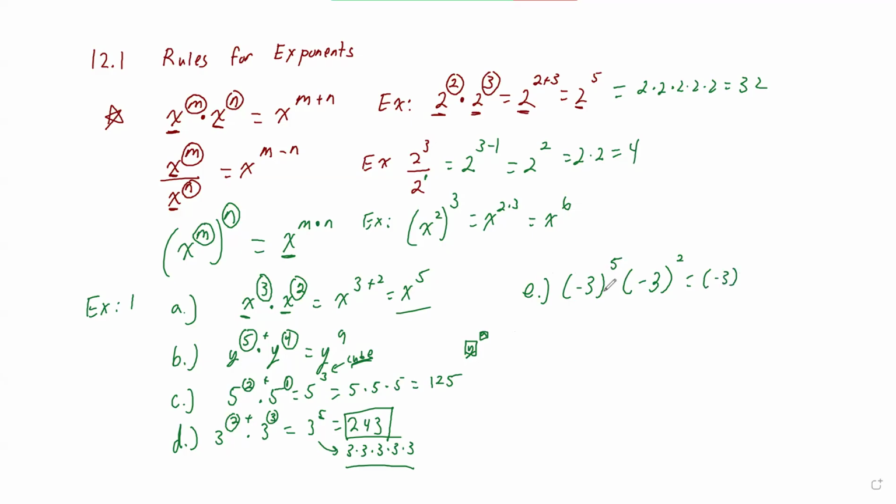So parentheses and parentheses is multiplication. So I'm going to add those exponents. When you get to the 7th, what do we get? I can't do that one in my head. 2187. Now, when you typed it in your calculator, did you write it with parentheses and a -3 with a 7 on the outside?